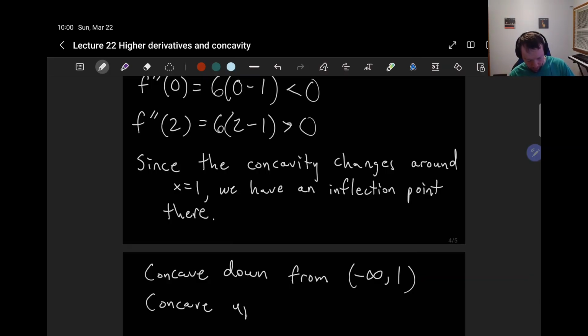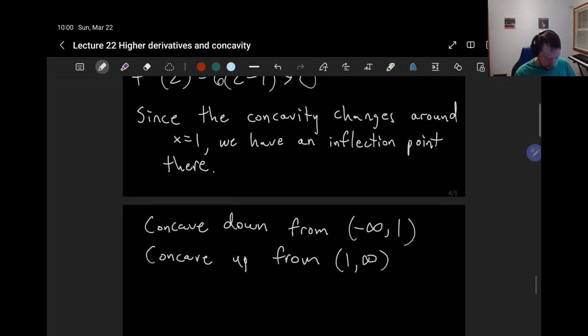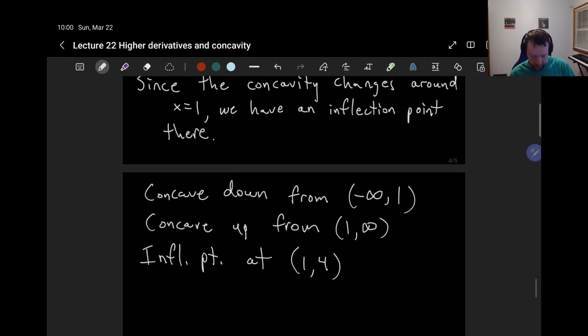And we're concave up on the right side from 1 to infinity, because we know that the second derivative is positive over there. And we have an inflection point. I'll just give the full point. It's at the x value 1 and the y value is 4. And I got that from plugging it in to the original function, plugging in 1. And I'm kind of skipping that step. But that's how you get the full point.